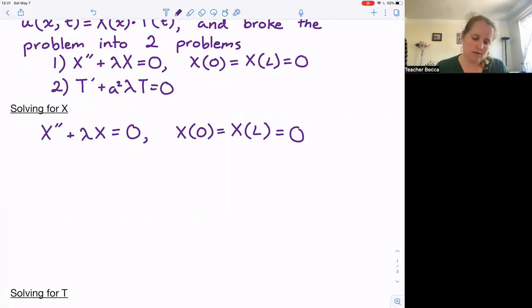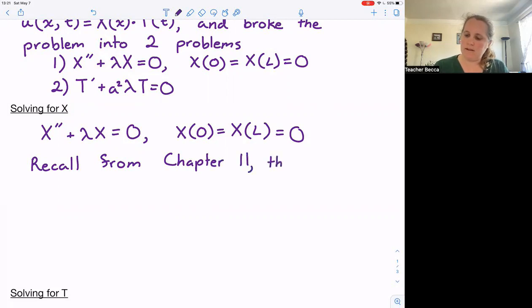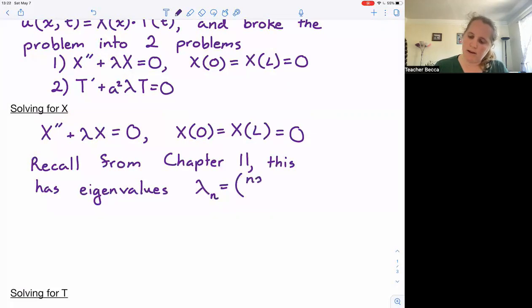Recall from chapter 11, this has eigenvalues lambda sub n equaling n pi over L squared.